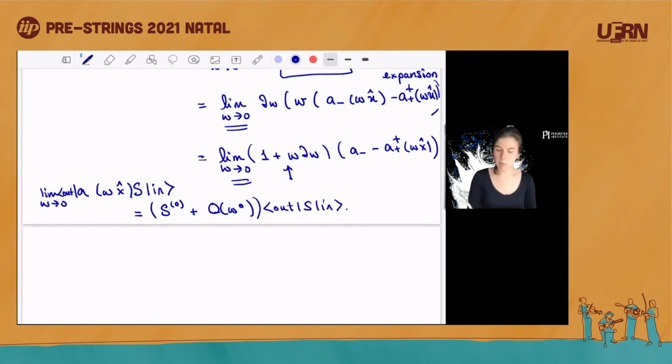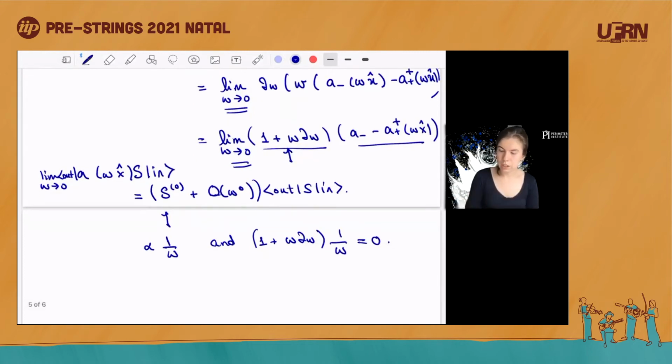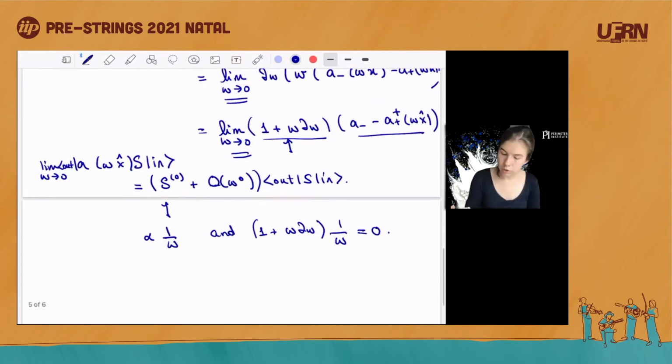But we showed last time that this is proportional to 1 over omega, and 1 plus omega d by d omega acting on 1 over omega just gives 0. So acting with this operator on this anti-Hermitian combination of soft photons essentially projects out this piece, and in the limit omega goes to 0 just picks out the subleading soft factor. Okay, is this clear?